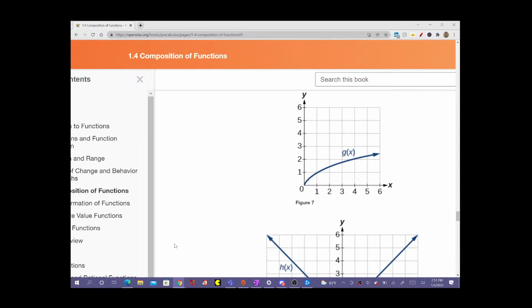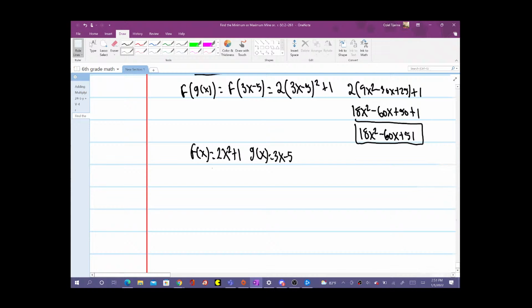So g of f of x just means 3 times 2x squared plus 1 minus 5. So this is going to be 6x squared plus 3 minus 5, which is 6x squared minus 3, right?